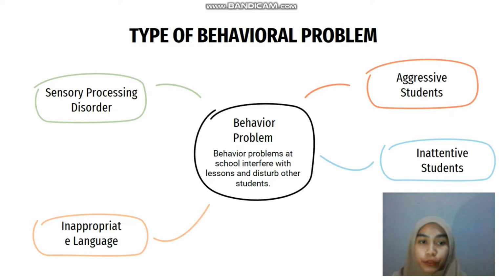Next, we move to the second type of behavioral problem, which is aggressive students. Aggressive behavior is a serious problem and is disruptive to a supportive and safe learning environment. Physical aggression can be violent even between young students, and both pupils might get hurt.